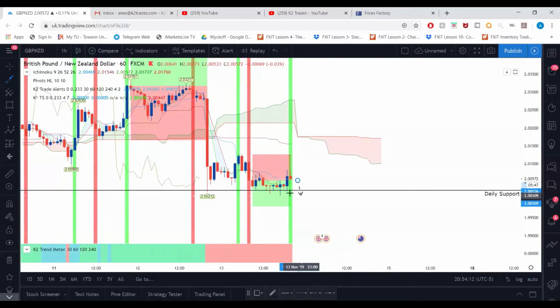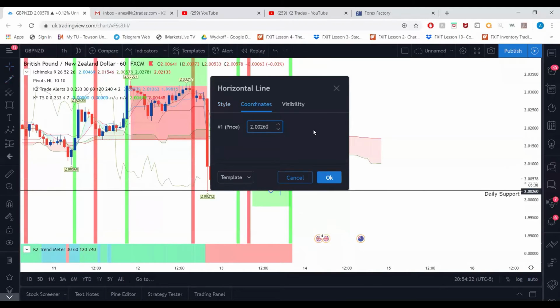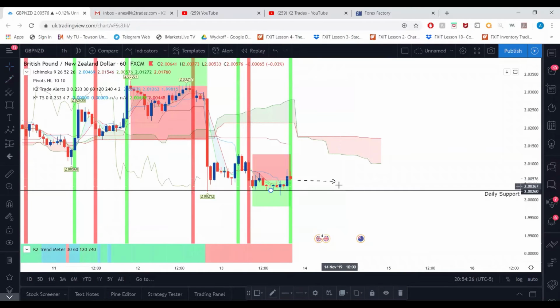A wick is not a break. I need a full body candle close underneath this support, which is at 2.00260. I would not be selling this, me personally.